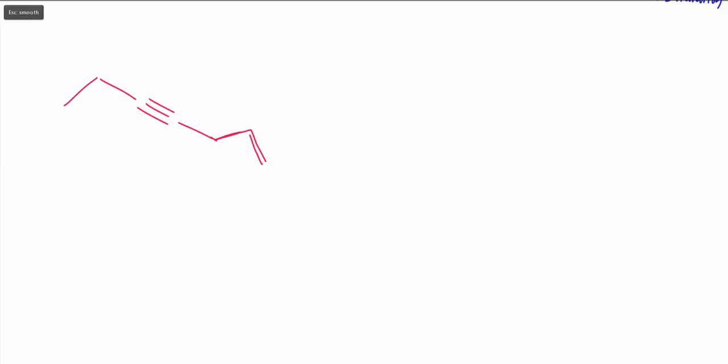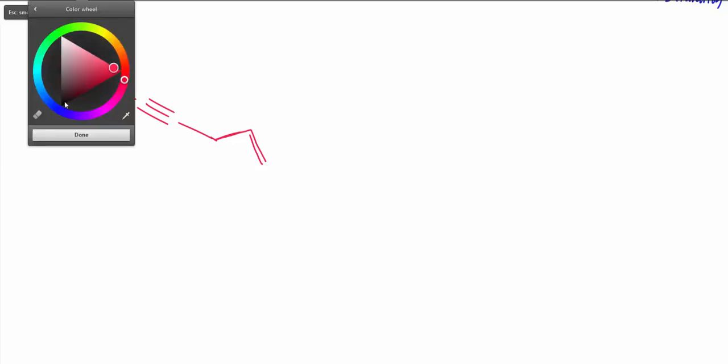Right offhand, we should be able to look at this molecule and say, okay, we have a double bond and a triple bond.